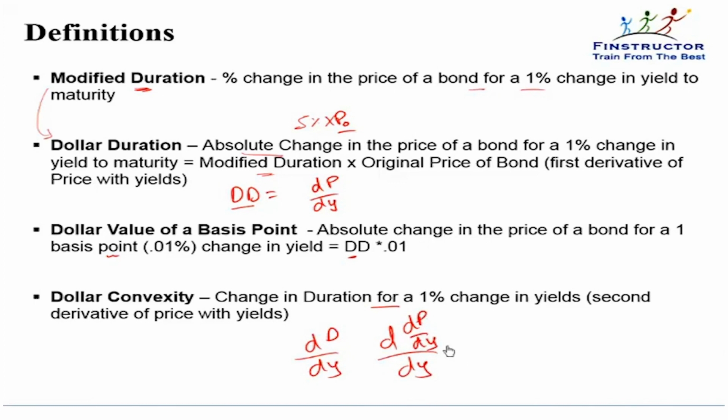So this is the second derivative of the price with yields. Just know this fact. Calculations based on this will not come on the exam. Dollar duration is the first derivative. Dollar convexity or convexity is the second derivative because it measures the change in duration.